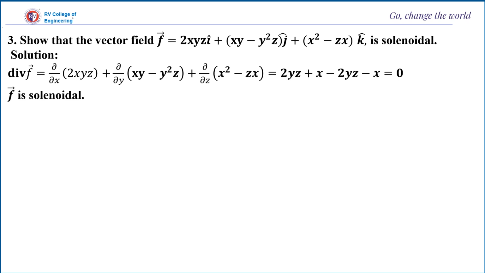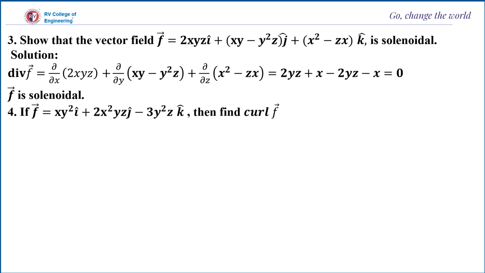So f is solenoidal. Next example is if f is equal to xy square i plus 2x square yz j minus 3y square z k, then find curl f.